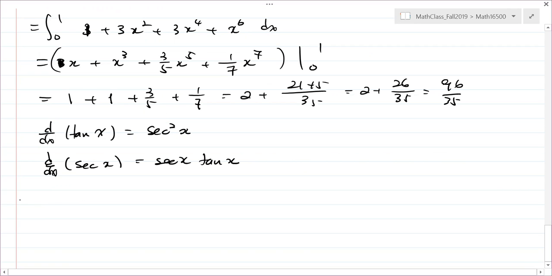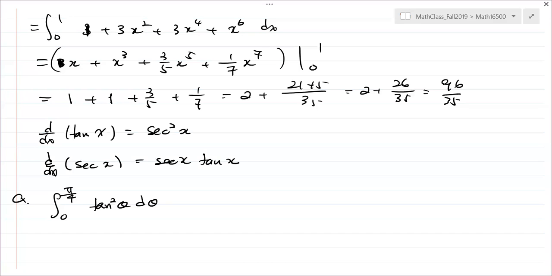Okay, so let's evaluate the integral from 0 to pi over 4 of tangent squared theta d theta.